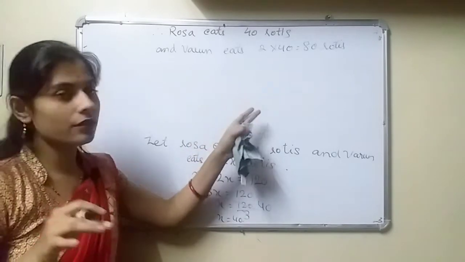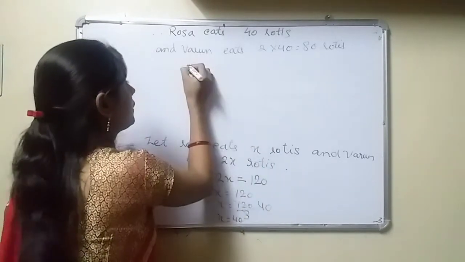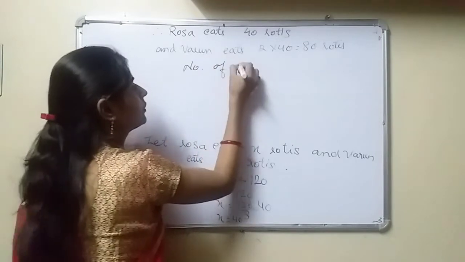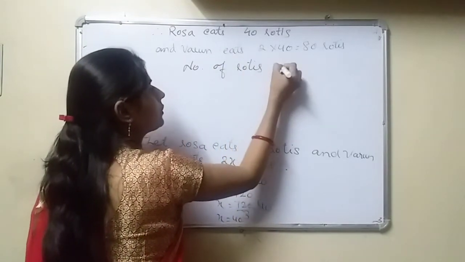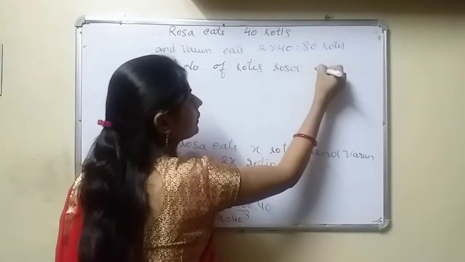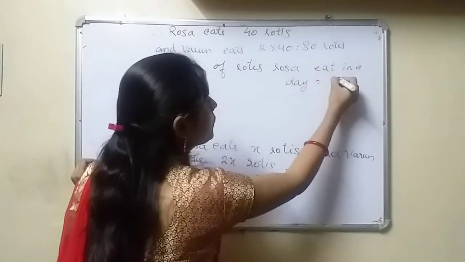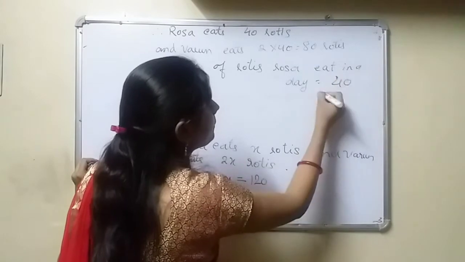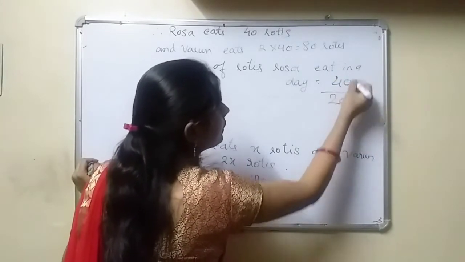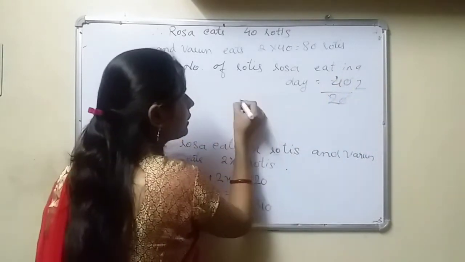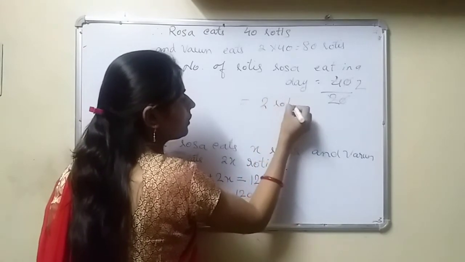The number of rotis Rosa eats in a day is equal to 40 by 20. It will become 2. That is 2 rotis. Okay.